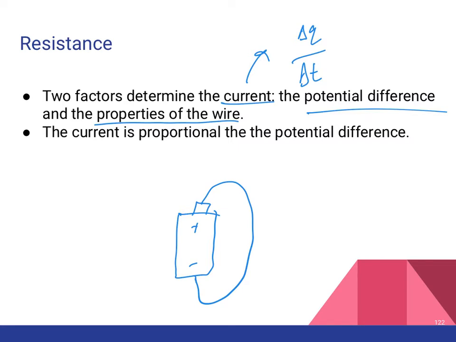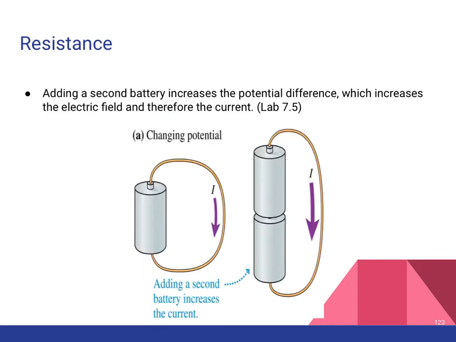But we do know that the greater this potential difference is, so the greater the voltage of the battery is, the greater the current is. So the current is proportional to the potential difference. So if I have a 1.5 volt battery versus a 9 volt battery, it's going to have more current because it's got a greater electromotive force. So I can play around with that by adding multiple batteries.